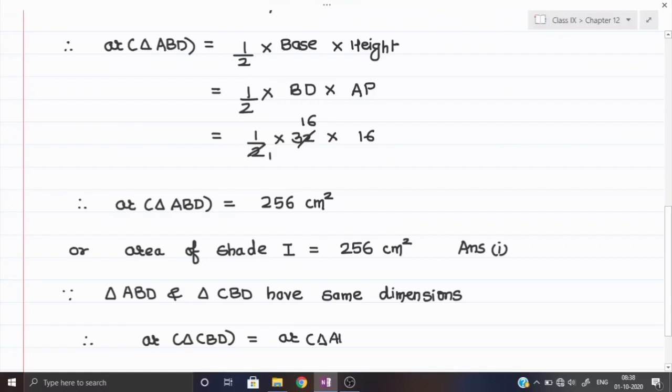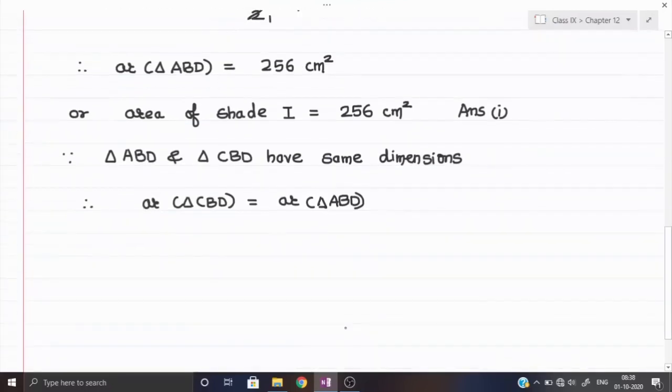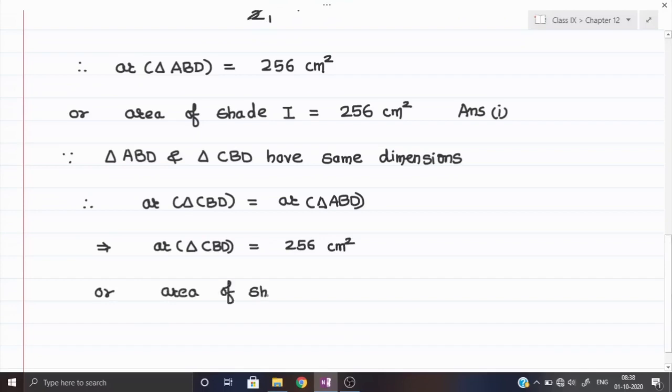Because dimensions are same, the area will also come same. Now area of triangle ABD we got as 256 centimeter square, which implies that area of triangle CBD is equal to 256 centimeter square, and CBD means we got the area of shade 2. So in the concluding one, area of shade 2 is equal to 256 centimeter square. This is your second answer.